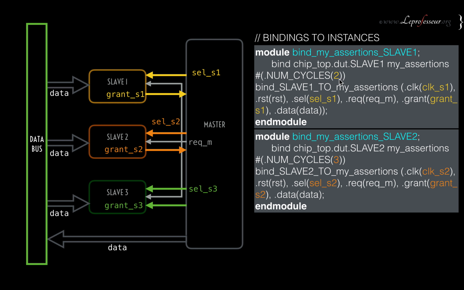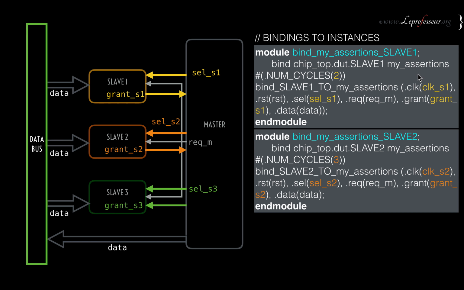If you do not have any such requirement where the different slaves would have different parameters, then you can just bind to the slave module name, and the tool will figure out all the instances automatically. But if you want to parameterize, to change different parameters, you have to do it one by one.